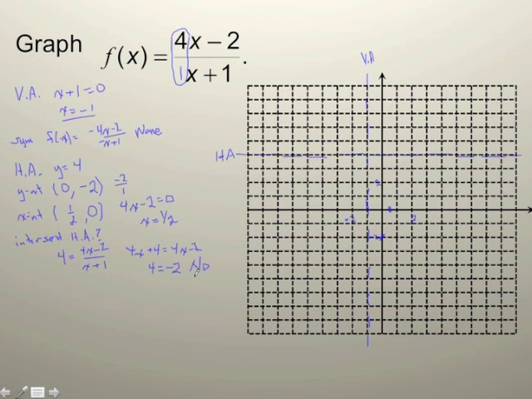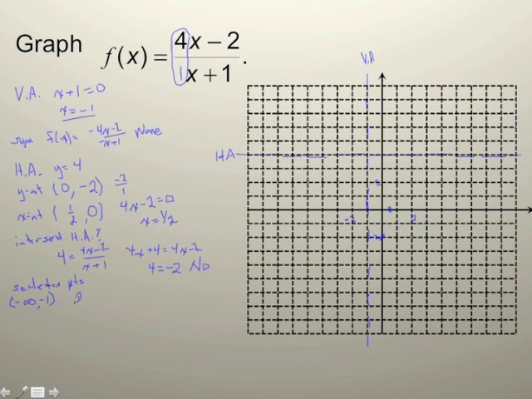My next step is to find selected points. If I start tracing along the x-axis from the left, the first thing I run into is this vertical asymptote. So I need some point between negative infinity and the vertical asymptote at negative 1.